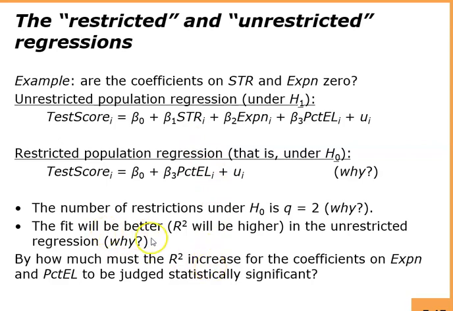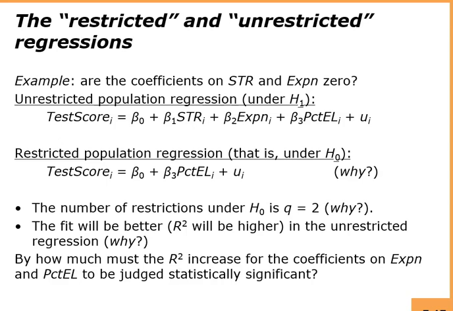The fit will be better, meaning the R square will be higher, in the unrestricted equation. That is very simple to see because, as we mentioned in one of the earlier lectures, R square always increases whenever you include more variables in the regression, simply because your explained sum of squares becomes higher and your residual sum of squares becomes lower.